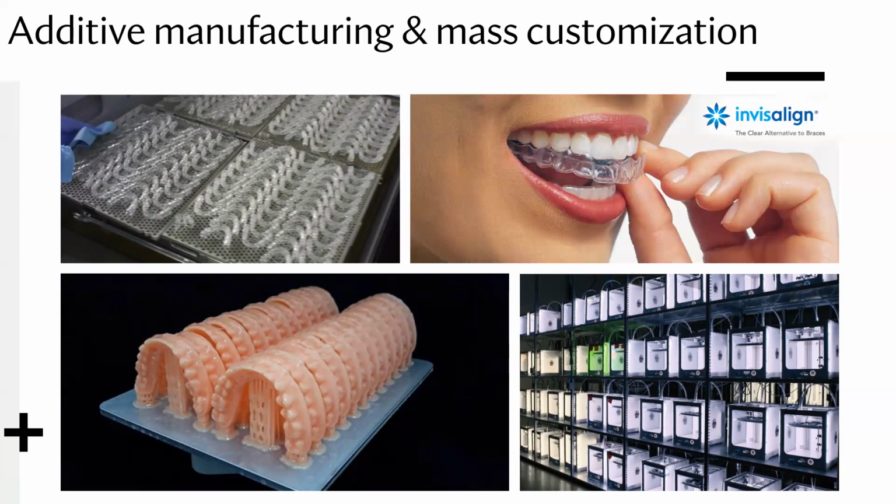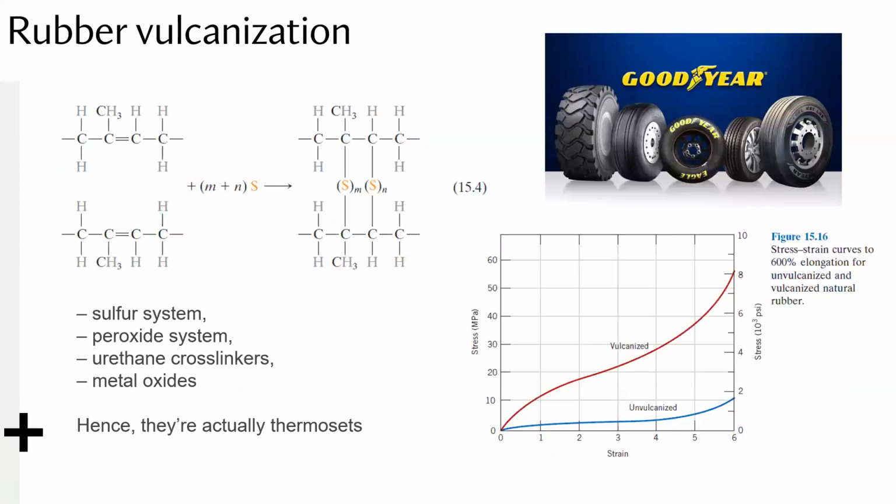Okay, so now we're going to talk about elastomers and vulcanization. So this will be the last bit that we're going to cover. So we discussed a couple of different cross-linking routes, and elastomers have a special one that's a bit different.